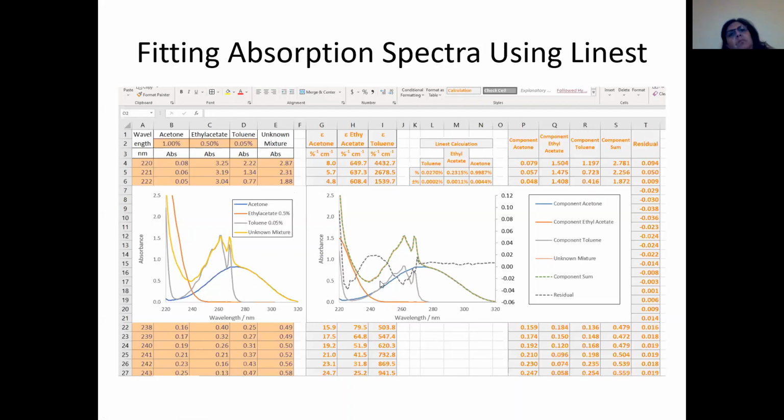So this is epsilon for acetone times the percentage of acetone that came out of LINEST, epsilon of toluene times the percentage of toluene, and epsilon of ethyl acetate times the percentage of ethyl acetate, right?